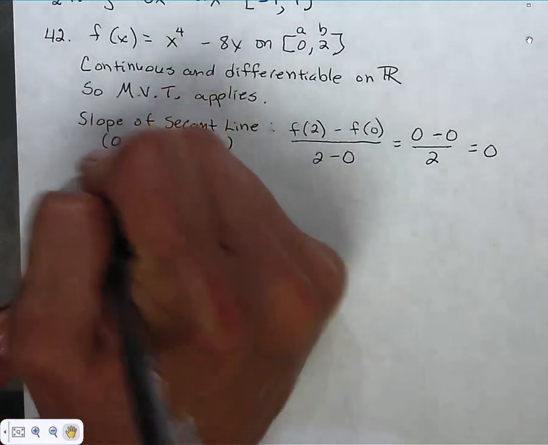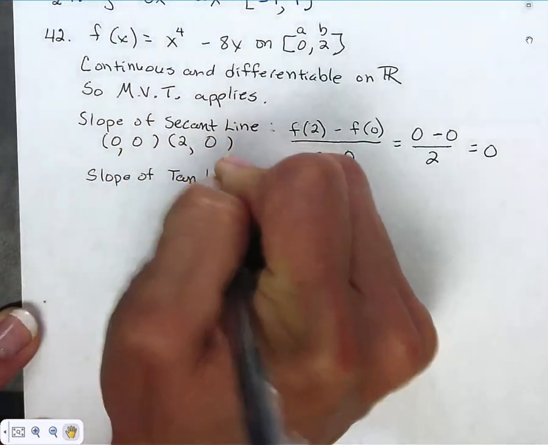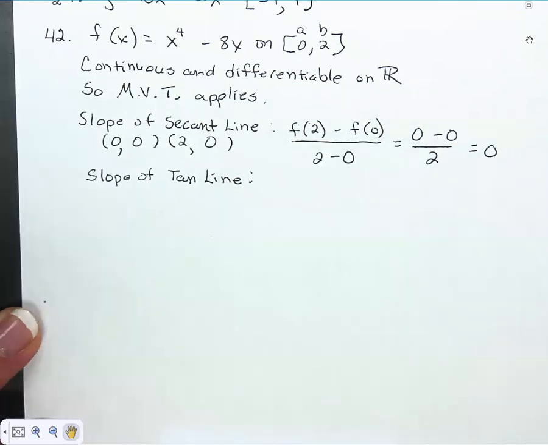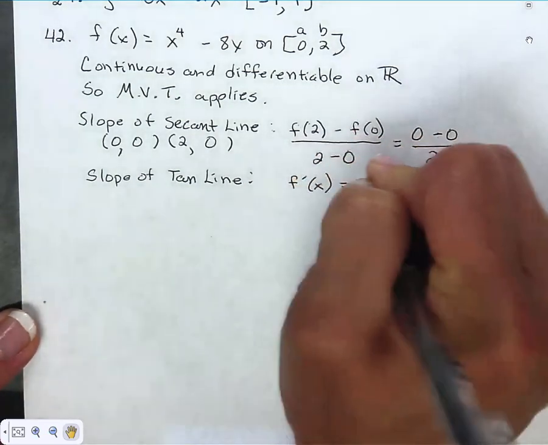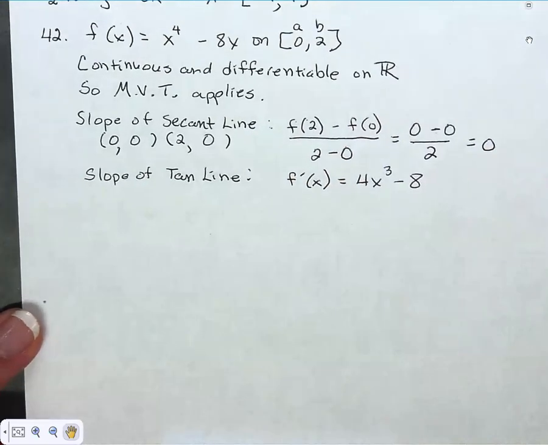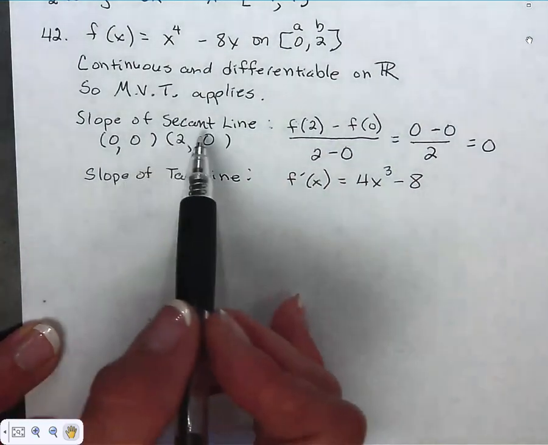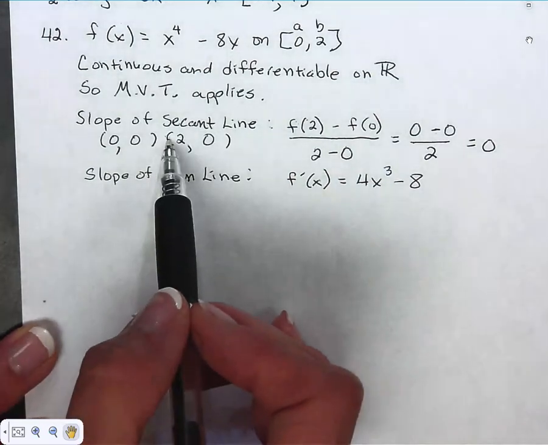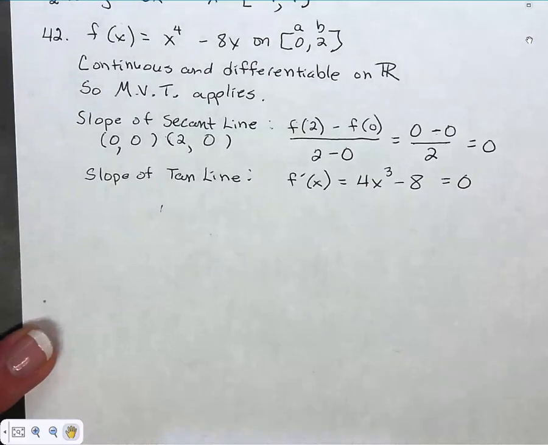And the slope of the tangent line, we get that from the derivative. And we're looking for where the slope of the tangent line equals the slope of the secant line. So we're looking for what makes the derivative 0.